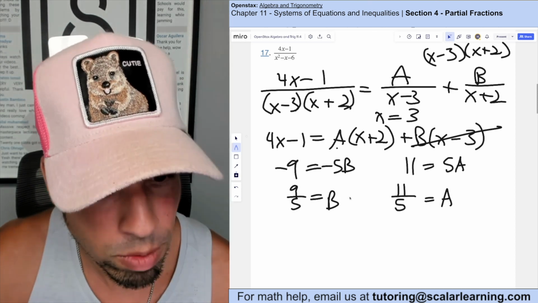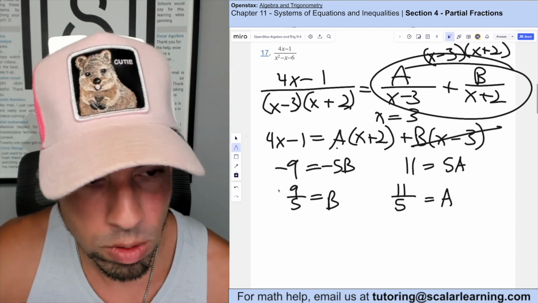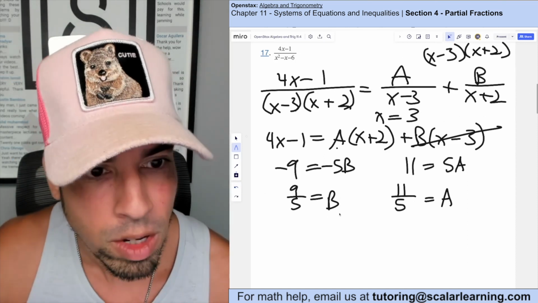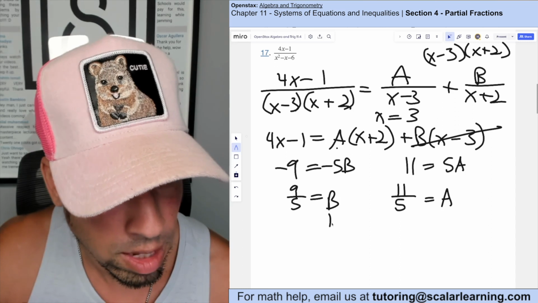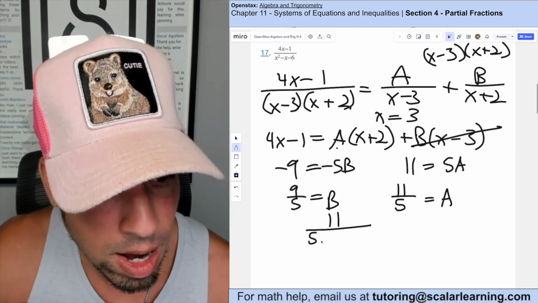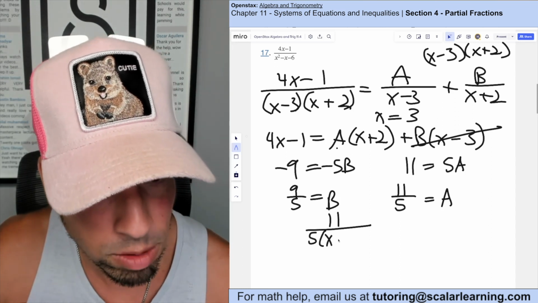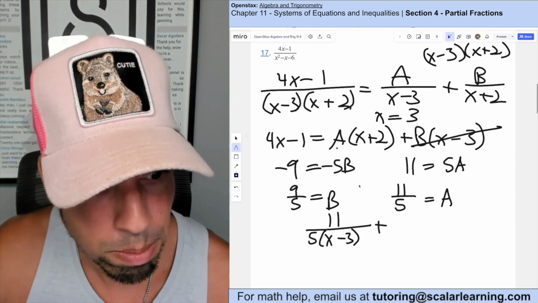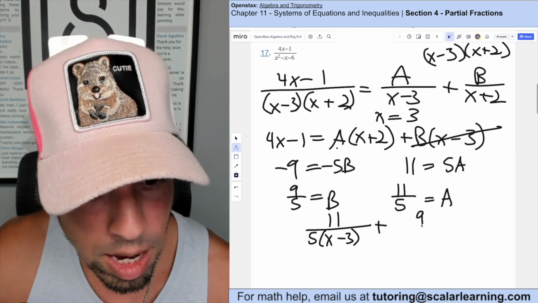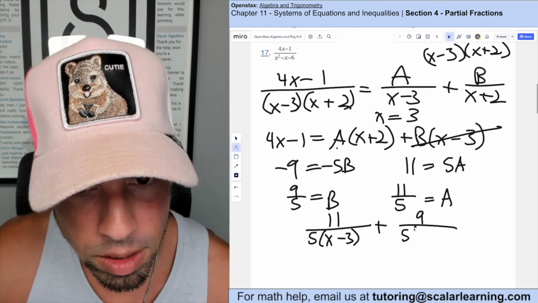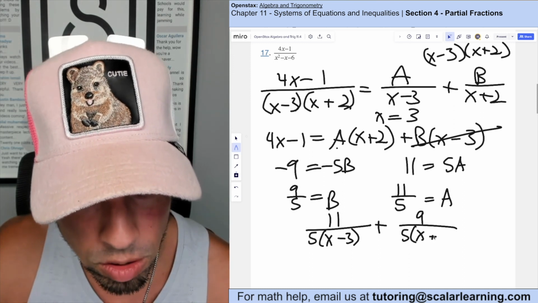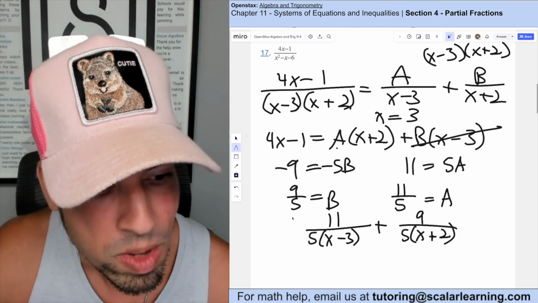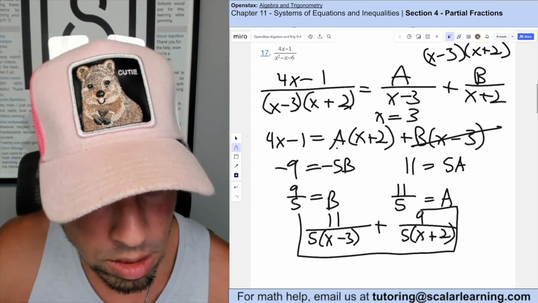So now we have values for b and a. Let's plug them in to this expression over here. So we got a is 11 over 5, and then we keep that denominator, x minus 3, plus b, which is 9 over 5 times x plus 2, like so. And that is your final answer.